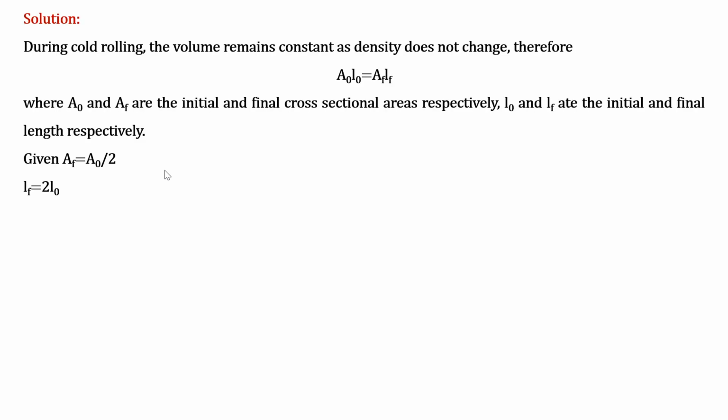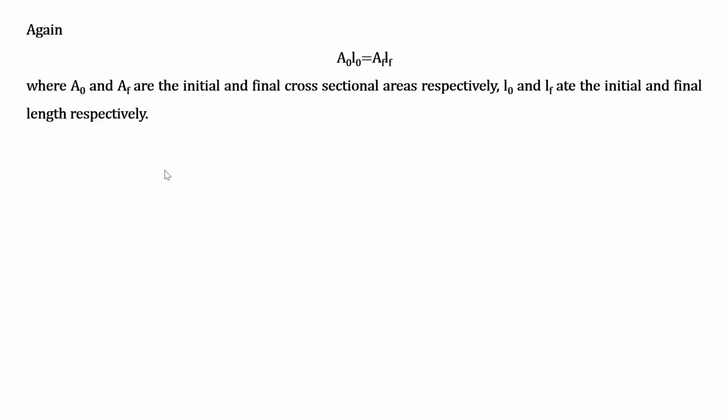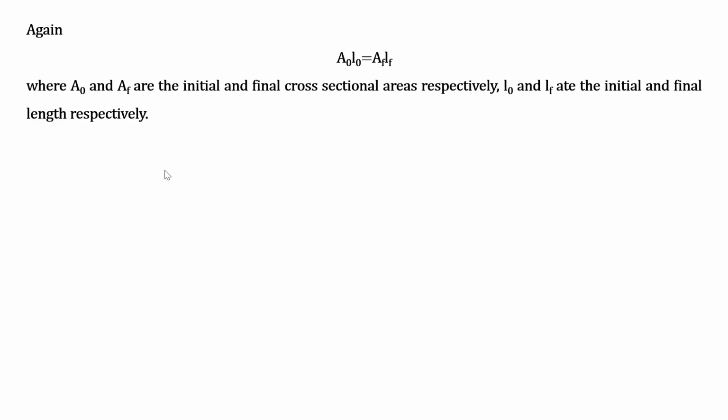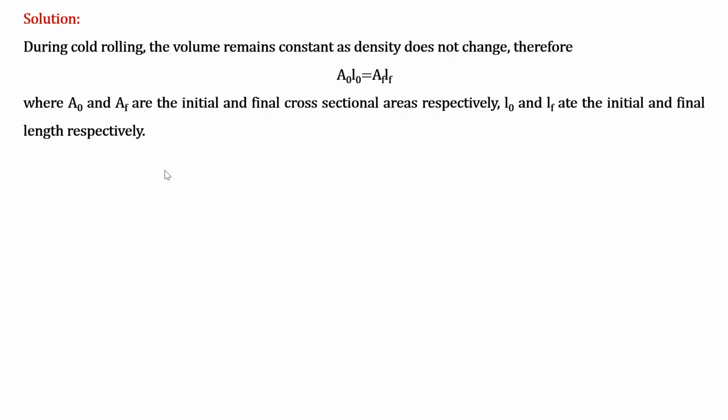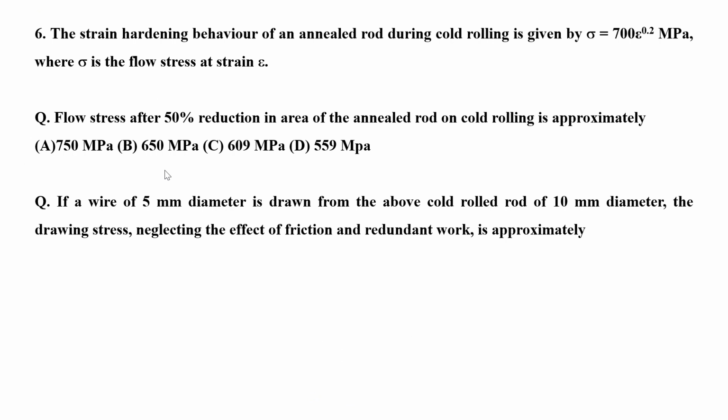Okay. So before moving to the equation of drawing stress, at least I think you will be able to calculate the initial part up to the true strain based on this question. So we will discuss the sigma d equation later. So are you able to solve till epsilon? At least epsilon can you find out from the first sentence. That is, wire of 5 dia is drawn from above cold roll diameter of 10.